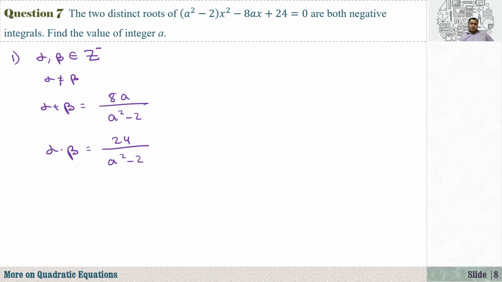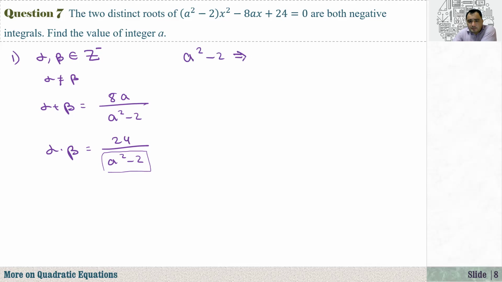a squared minus 2 from the second equation must be a factor of 24. And also, since alpha and beta are negative integers and their product is positive, what are the positive factors of 24?